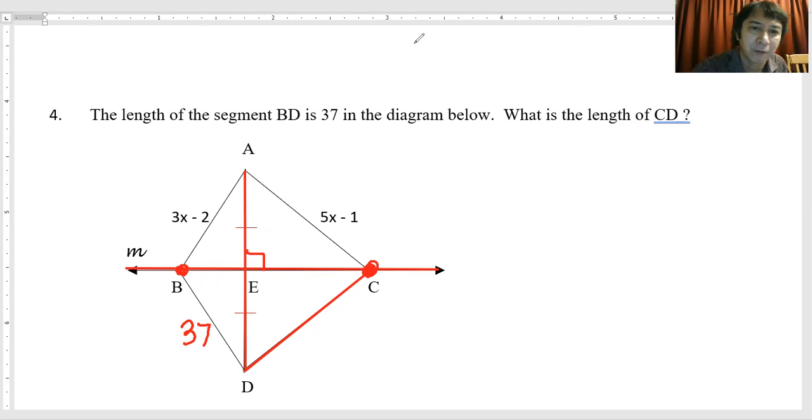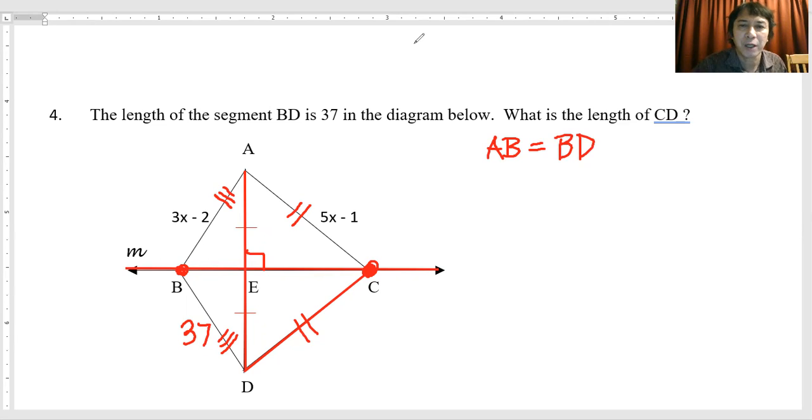Therefore, we can conclude this is equal to this, and this segment is equal to this segment. In other words, we can write AB equal to BD, and we can have the equation.